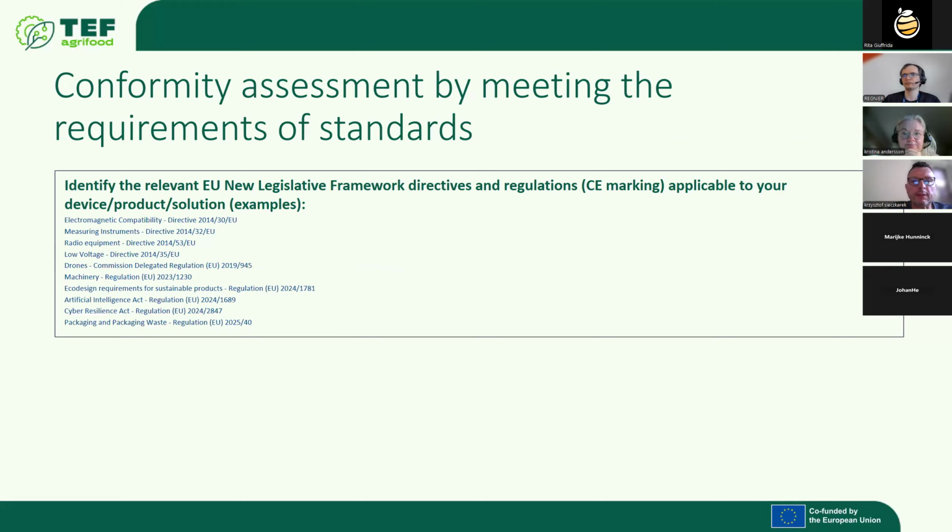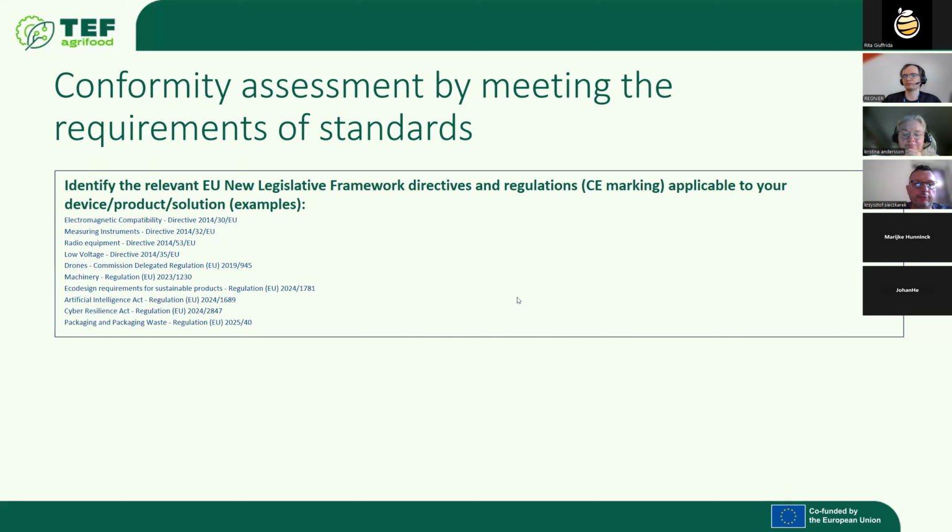and equipment. Before we carry out the test, first of all, we have to identify the relevant EU New Legislative Framework directives or regulations. In our case, this is for CE marking, which is mandatory before placing goods on the European market.